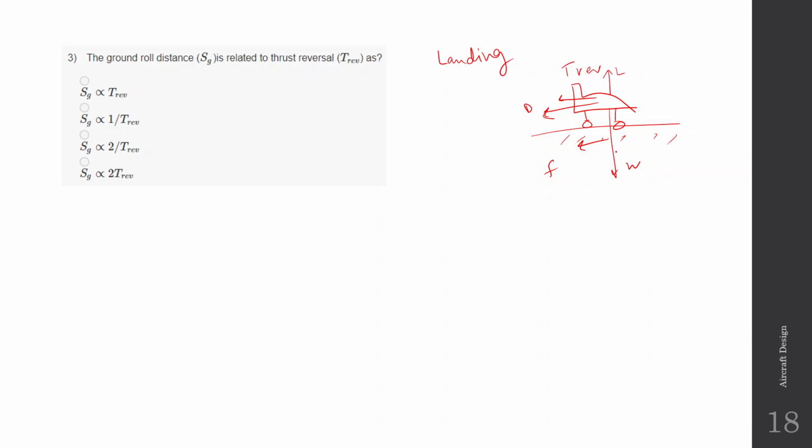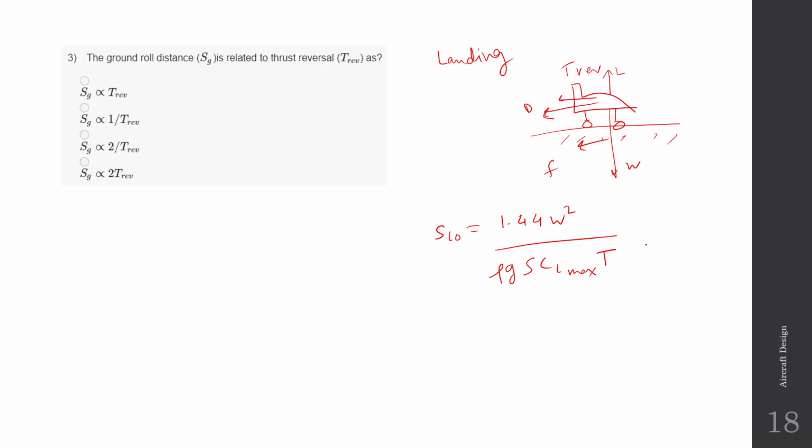So the equations are actually exactly similar to the takeoff equations. If you remember the takeoff equation, it was S LO equal to 1.44 W square by rho g s CL max into thrust by thrust.